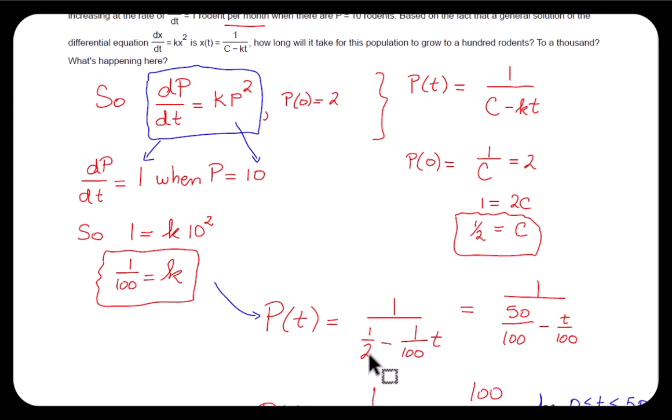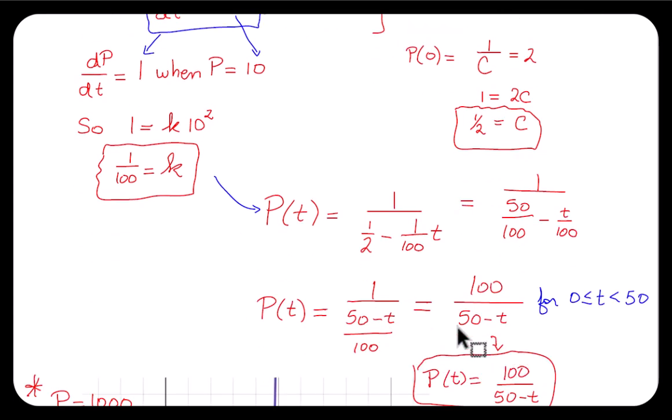I know that c is 1/2. I know that k is 1 over 100. But this is kind of an ugly form to leave it in, so let's get a common denominator. Okay. So I pulled them together over the common denominator. If I have one fraction over another fraction, the top stays there, the bottom flips over.